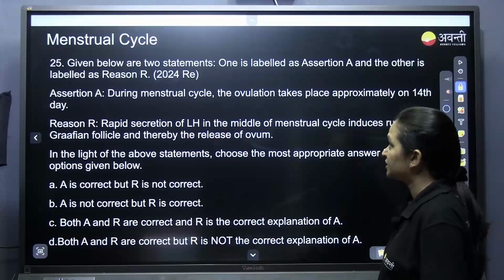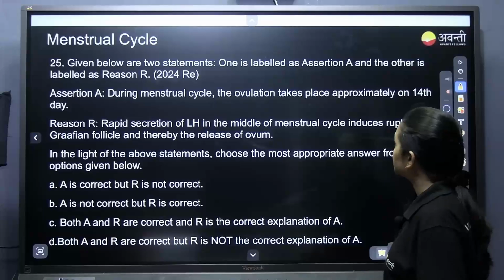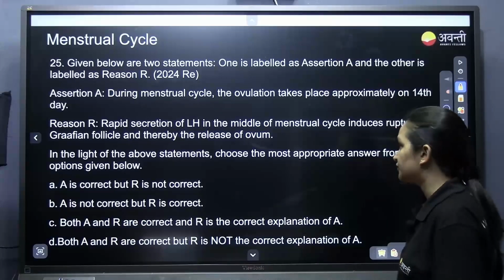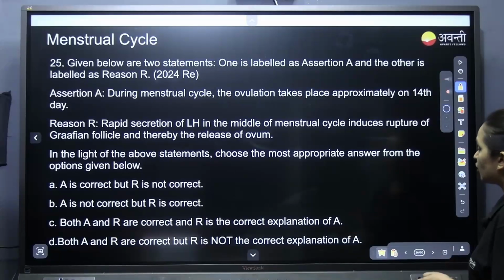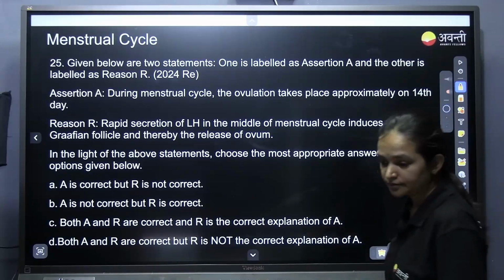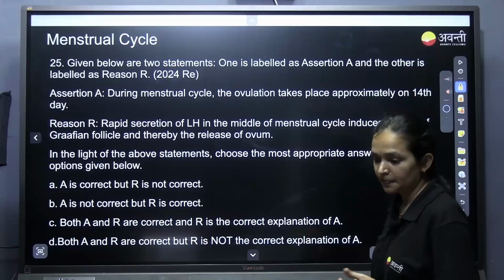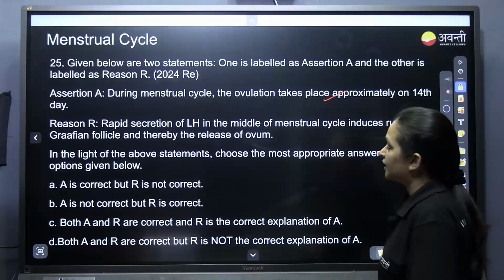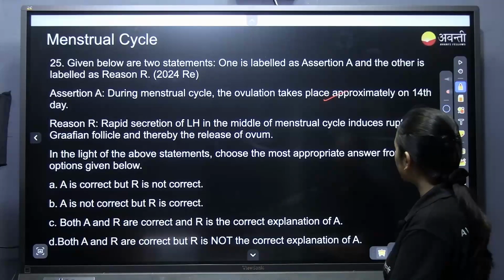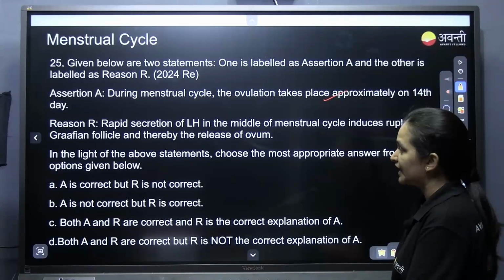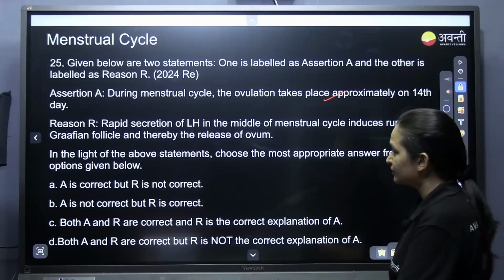Given below are two statements. One is labeled as assertion and the other is labeled as reason. Assertion: during the menstrual cycle, ovulation takes place approximately on the 14th day. Correct. Reason: the rapid secretion of LH in the middle of the menstrual cycle induces rupture of Graafian follicle and thereby release of ovum.